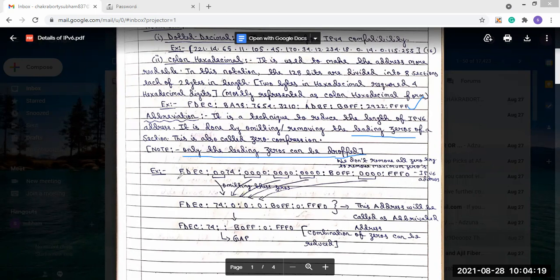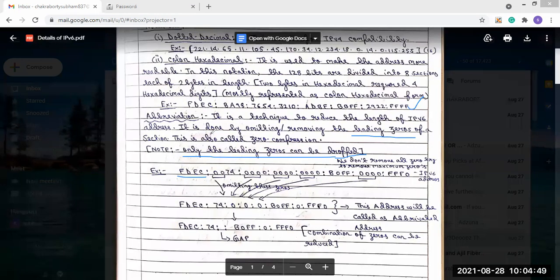So let's say there is an address. Through an example, I will explain it. It is given: FDEC colon 0074 colon 0000 colon 0000 colon 0000 colon B0FF colon 0000 colon FFF0. So this is the address given. Now we will use the abbreviation technique.